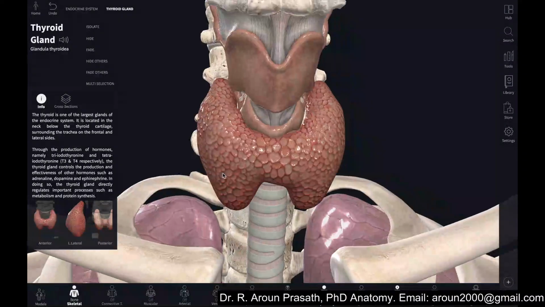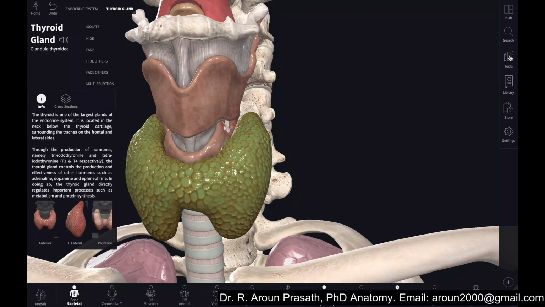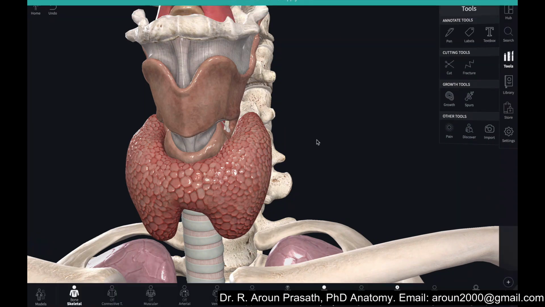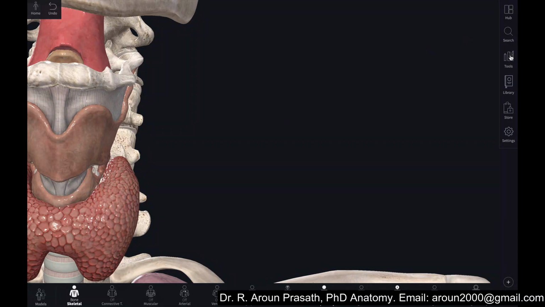And you know, in the neck there are different types of fascias. In fact, the thyroid gland is enclosed by the pretracheal fascia.